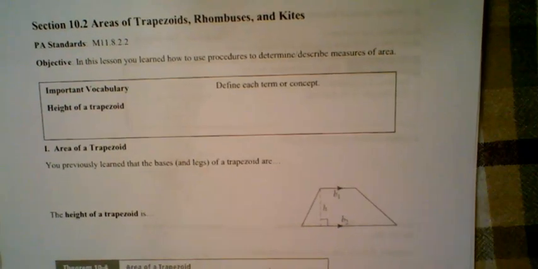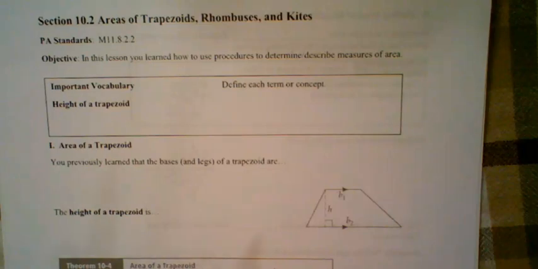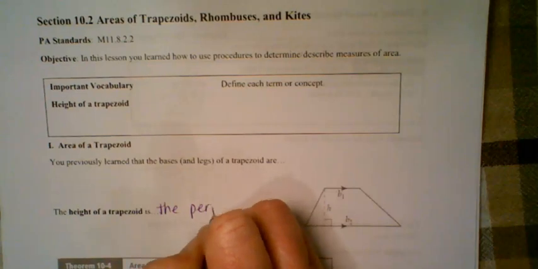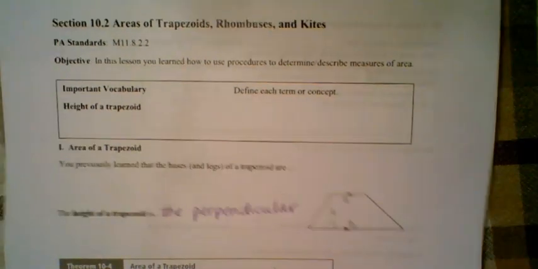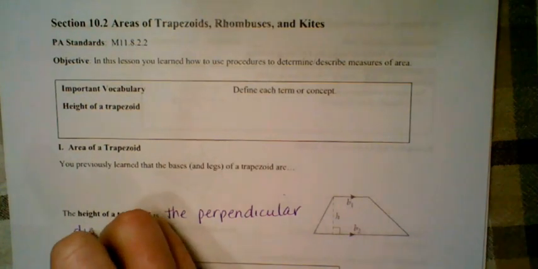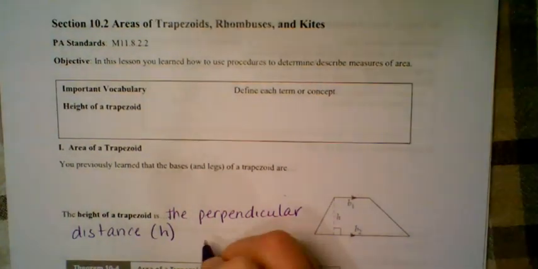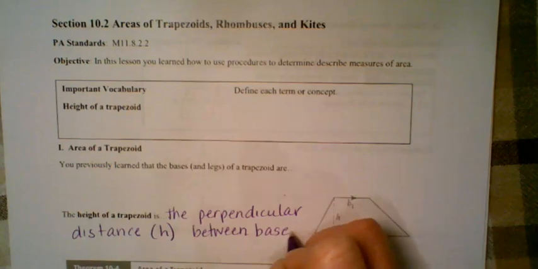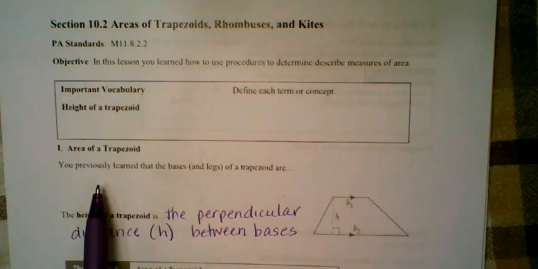So the height of a trapezoid is the perpendicular distance, often referred to as h, between the bases. I just want to remind you that the bases are the two sides that are parallel to each other.